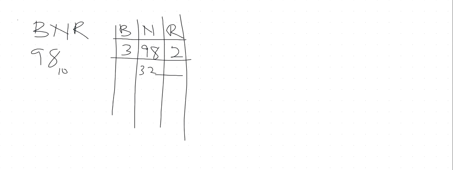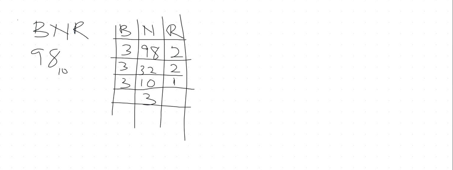So once the number is not less than the base, we cannot end. We will continue till the number is less than the base. So we proceed. The base is 3 again. 3 dividing 32 is 10, 3 tens are 30. There will be a remainder of 2, also written. Our number is not less than the base, so we continue again. 3 into 10, 3, with a remainder of 1.